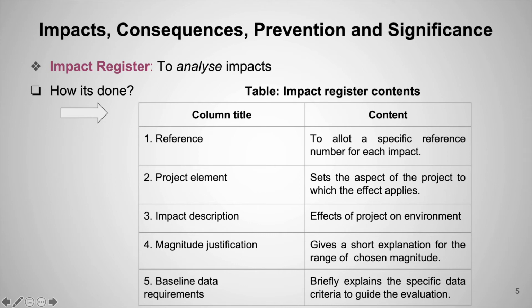Now we are going to see impacts, consequences, prevention and significance. To assess the impacts, there is a specified impacts register. So the question may arise how it's done. The impacts register is an Excel spreadsheet containing the columns listed, as we can see in this table. The impact register helps users to sort and filter the impacts and consequences that are most important to them.